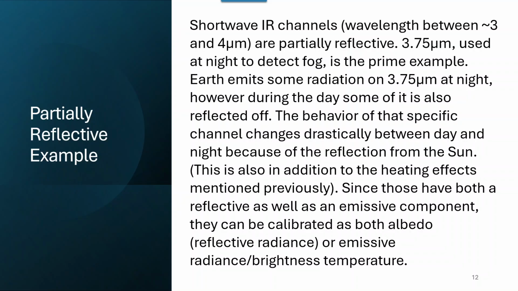Earth emits some radiation on 3.75 micrometers at night. However, during the day, some of it is also reflected off. The behavior of that specific channel changes drastically between day and night because of the reflection from the sun.